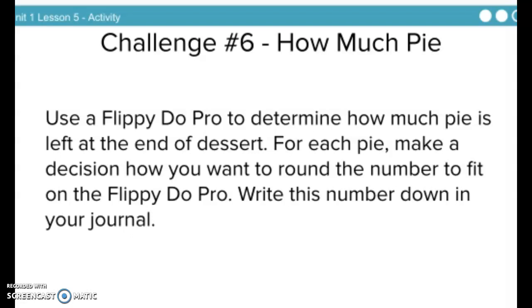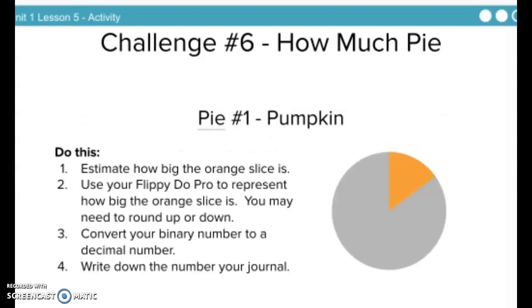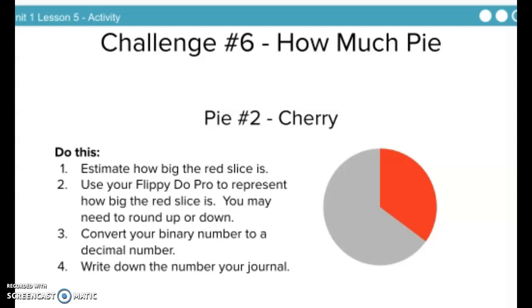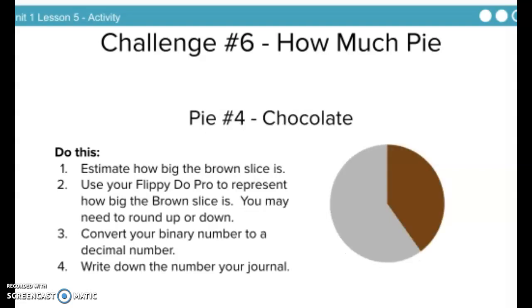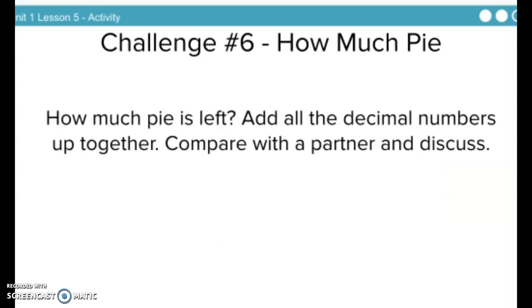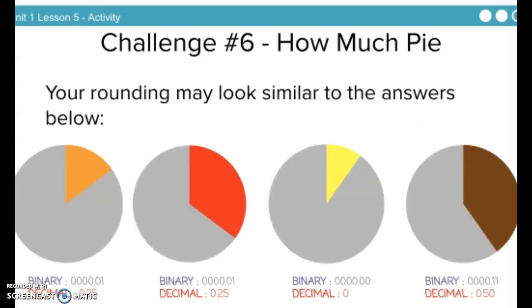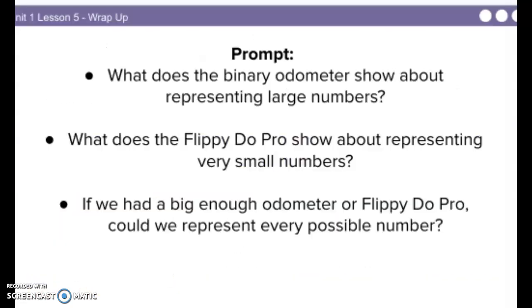I'm going to let you work through these on your own, okay? With your group. So, challenge 6, pie 1, you're going to work through this, pie 2, pie 3, pie 4, how much pie is left. Add all the decimal numbers up together, compare with a partner, and discuss, okay? And we'll talk about that as a class, okay?